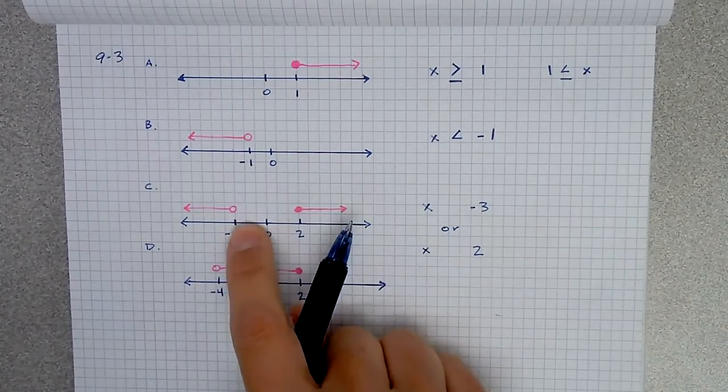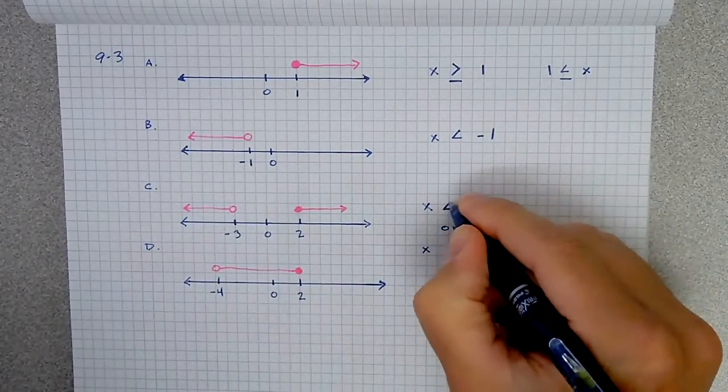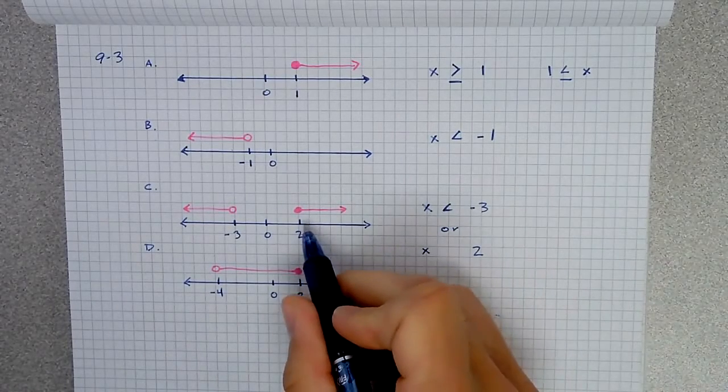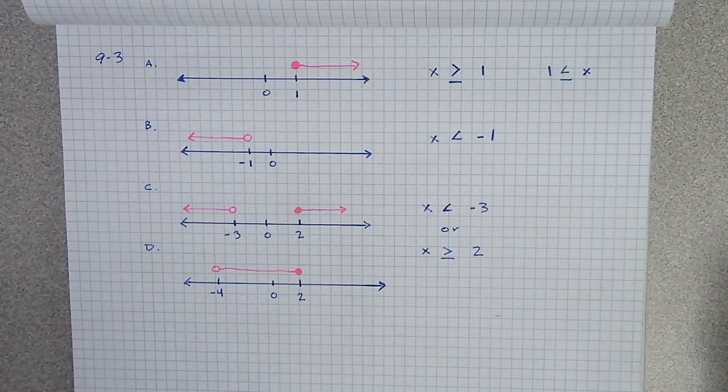All right, so if these are pointing to the left, I want numbers that are less than. So x is going to be less than -3, or it's going to be greater than or equal to 2.